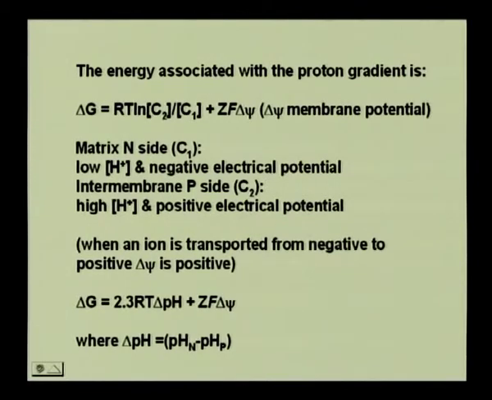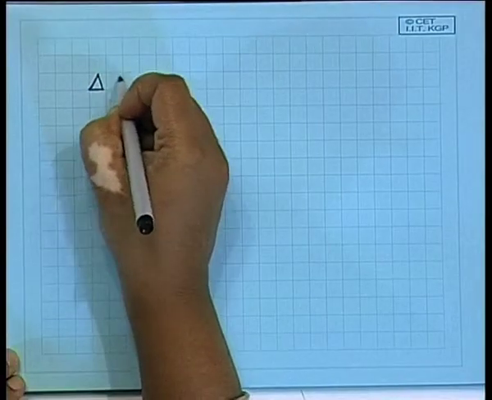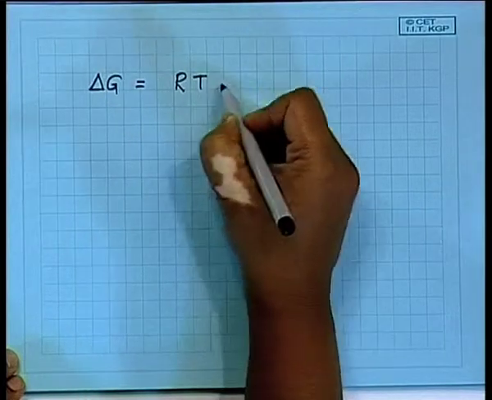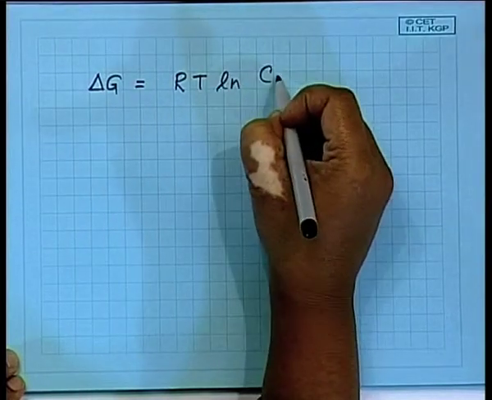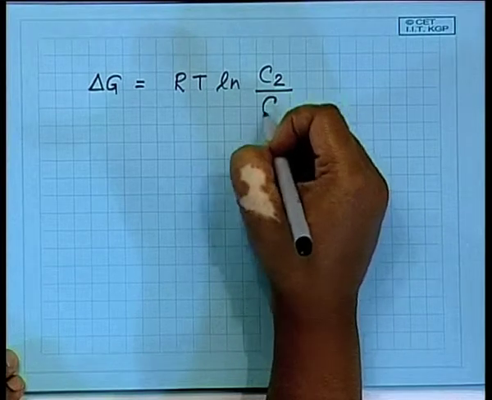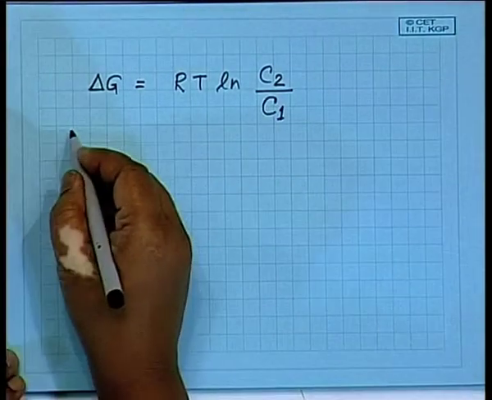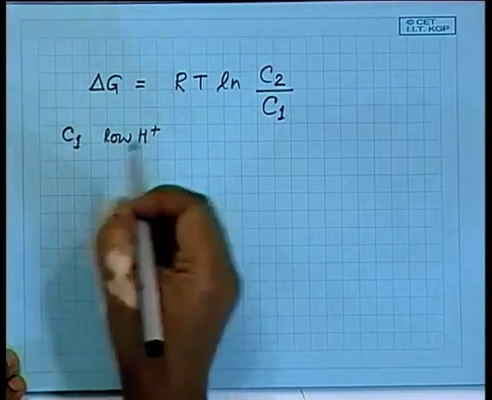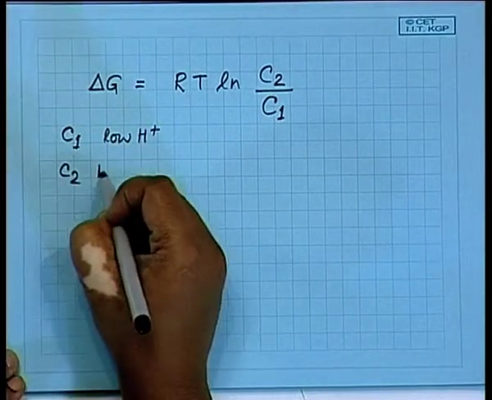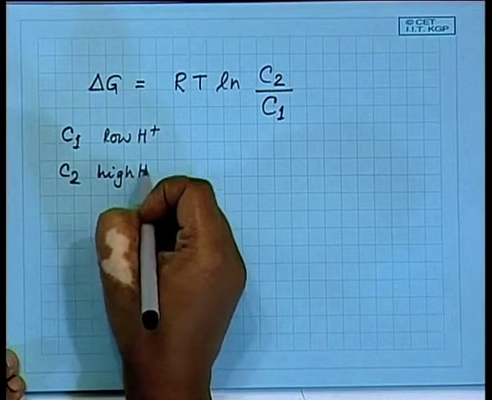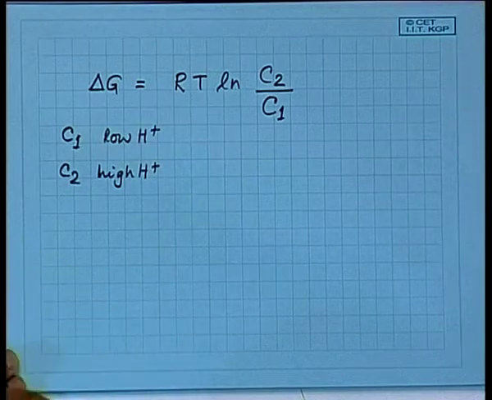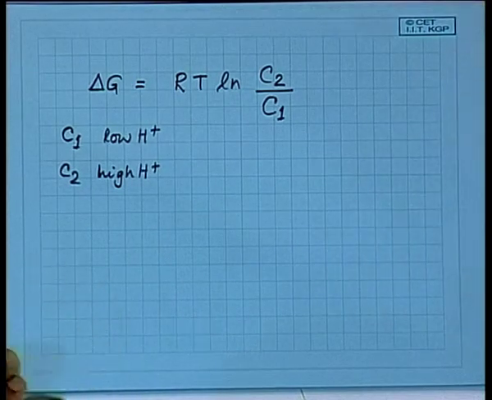So, if we just work this out, my delta G is RT ln C2 by C1. Where is my C2? My C1 is low H plus. My C2 is high H plus, and you have to remember that the high H plus is in the intermembrane space and you are still pumping in H plus to that space.